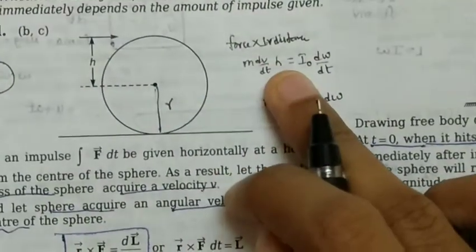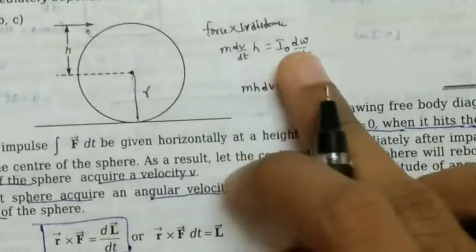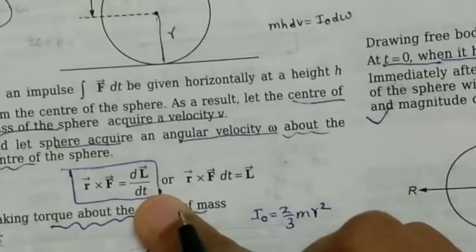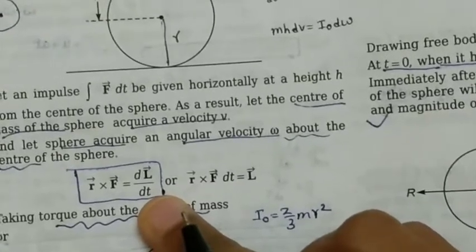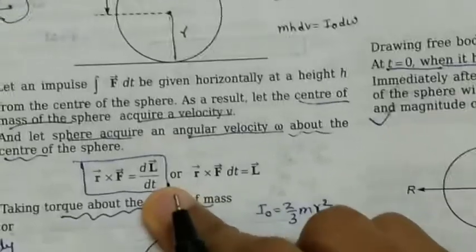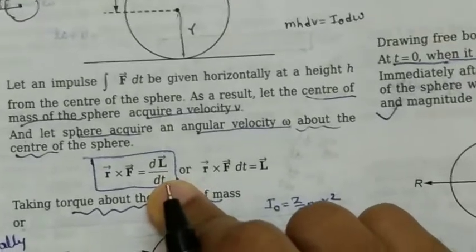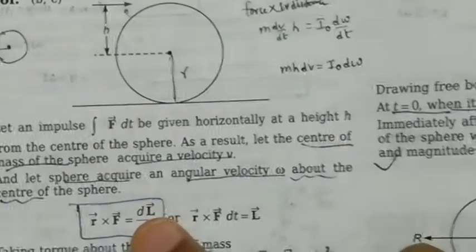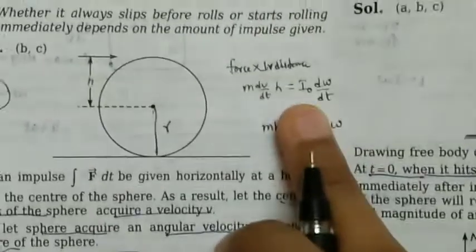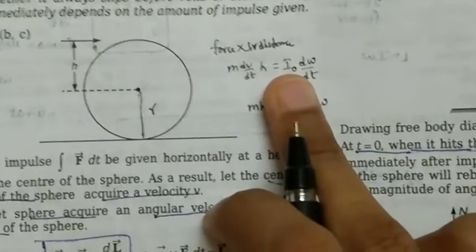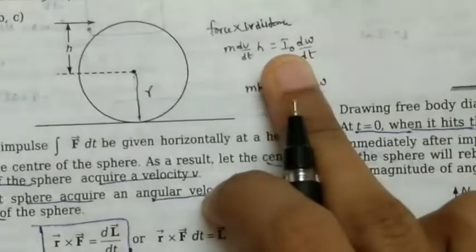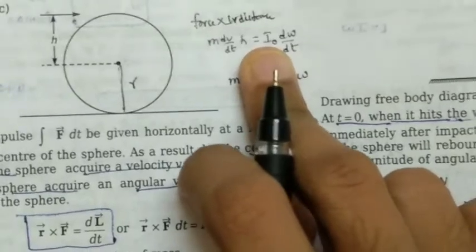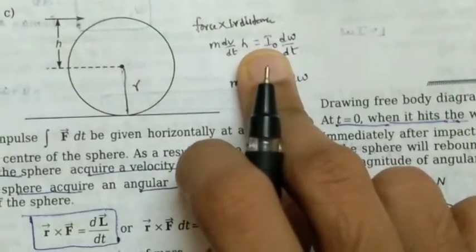So force into perpendicular distance is nothing but dL by dt. And we know that L is nothing but I omega, just like P is equal to mv. So we have L is equal to I omega. So in the place of P, m v, and in the place of L, I omega. However, moment of inertia is constant for a given object, whether it is a spherical shell or a solid sphere like that.